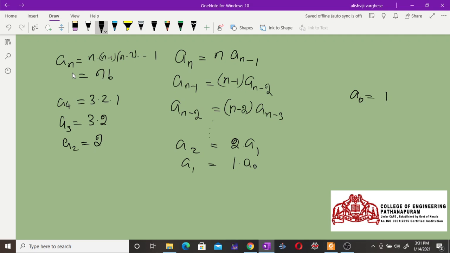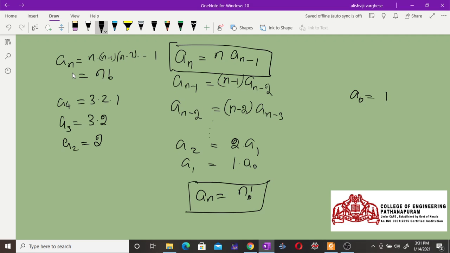So instead of expressing an is equal to n into an minus 1, we can write an is equal to n factorial. That's an explicit representation of an. In the first case, an is expressed as a function of n and an minus 1, and here an is expressed explicitly as a function of n alone.